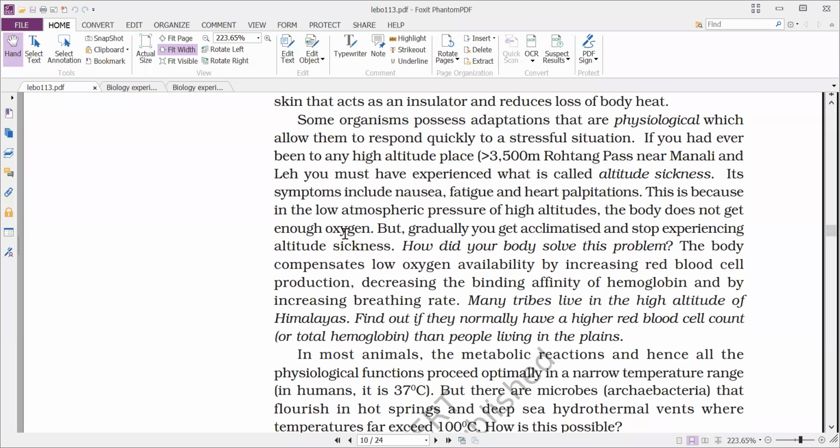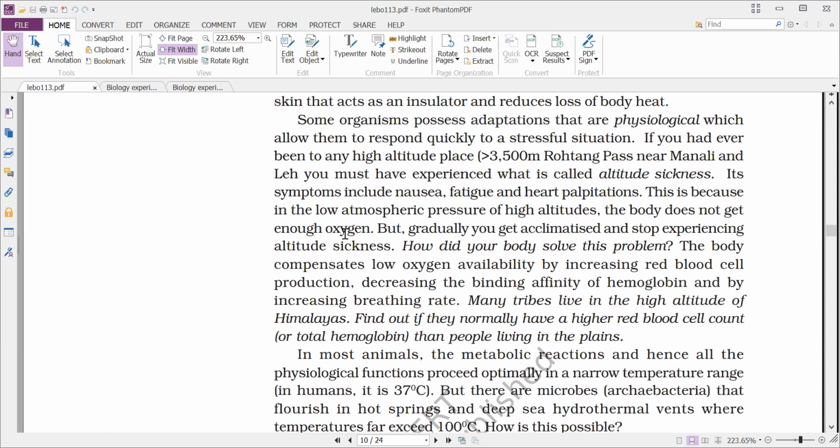In the plains, as the atmospheric pressure is high, they can get sufficient oxygen. But when he moves to higher altitudes, the oxygen levels are reduced because of low atmospheric pressure. So to obtain more oxygen, the RBC count increases, and the breathing rate also increases.